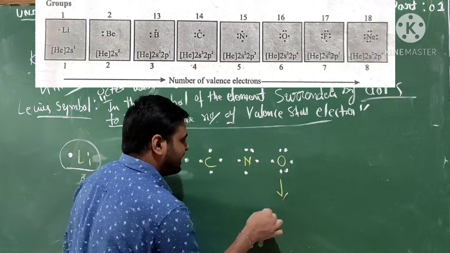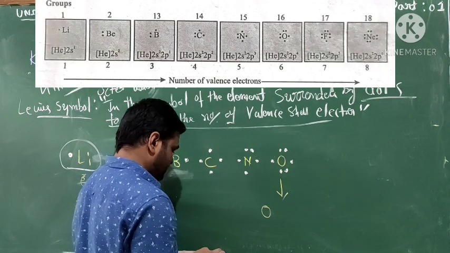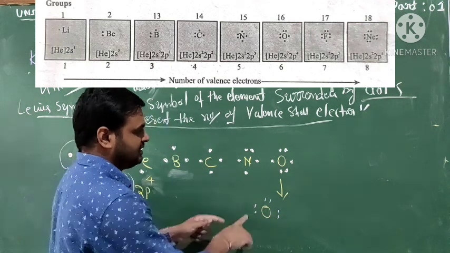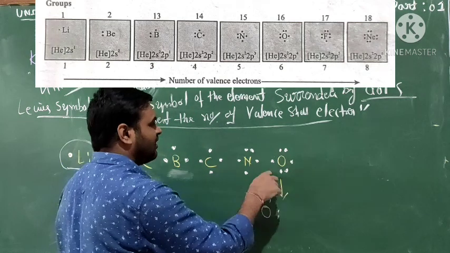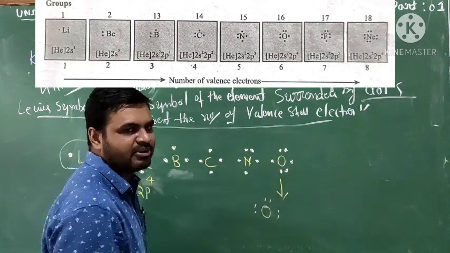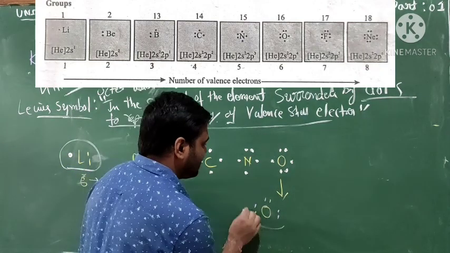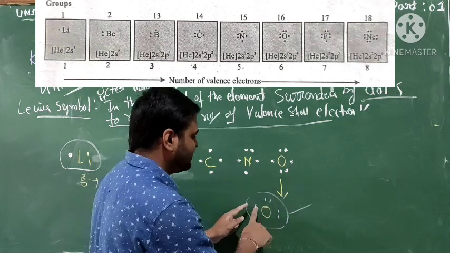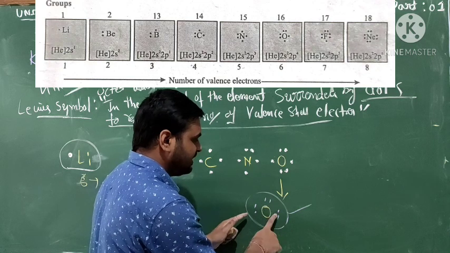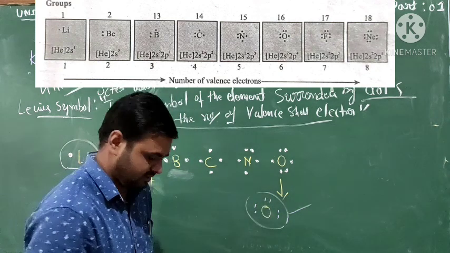Either you represent it like this type also. All positions first get a single electron, then the remaining electrons are paired, or we can mention it this other way also. Whatever the way, the 6 outer shell electrons are represented dot-wise.